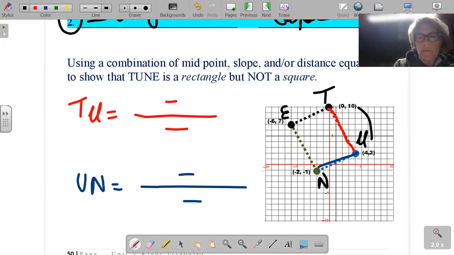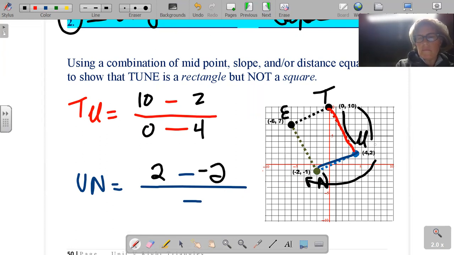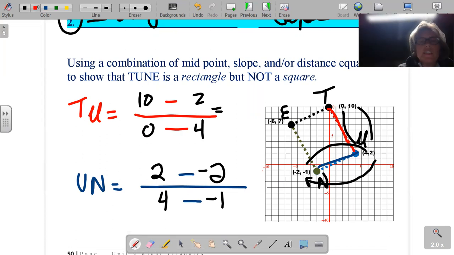Y is on top. So the slope of TU is going to be 8 over negative 4. So I get negative 2 over 1.